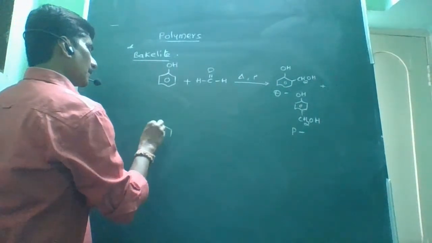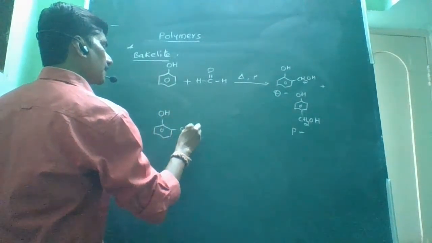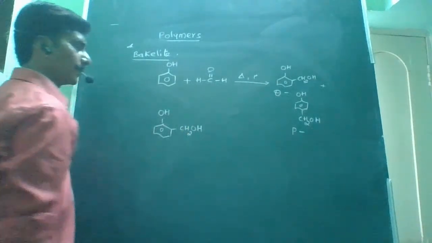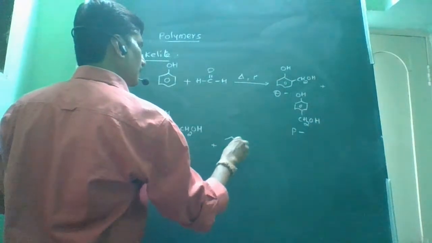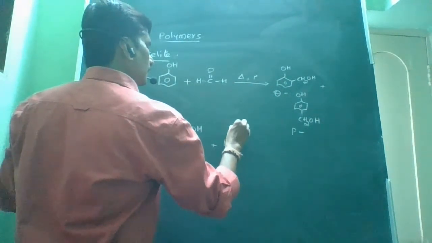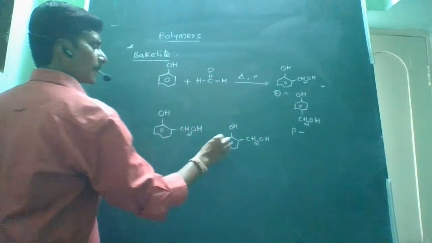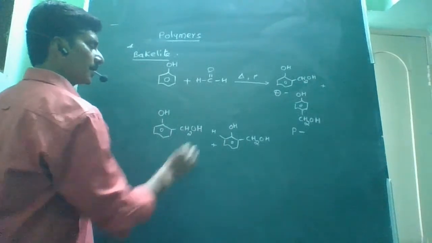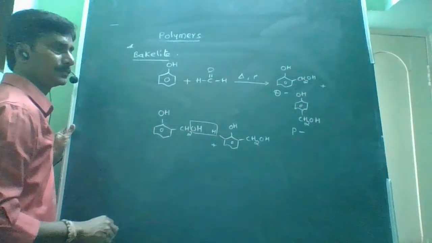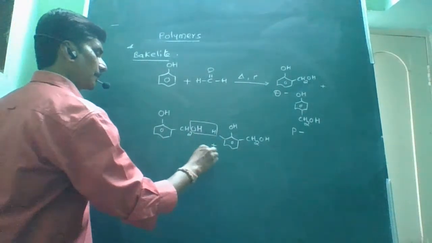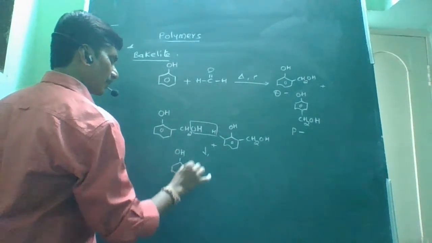If this ortho-hydroxymethyl phenol is added with another mole of phenol, the hydrogen of the benzene and this OH group will be removed in the form of water to form a linear polymer.